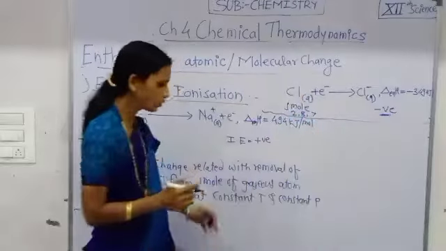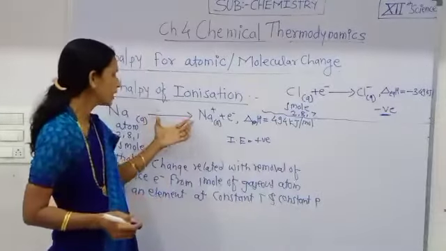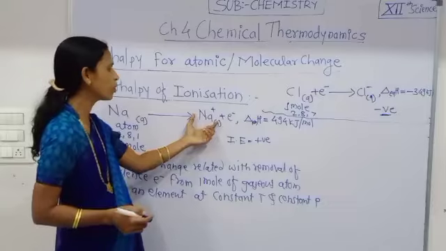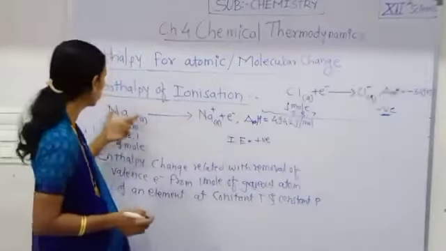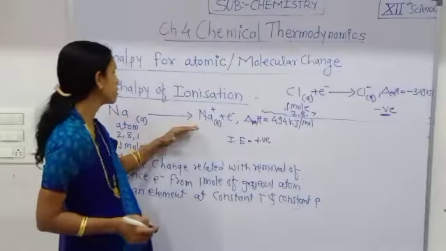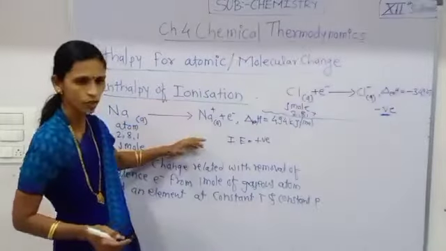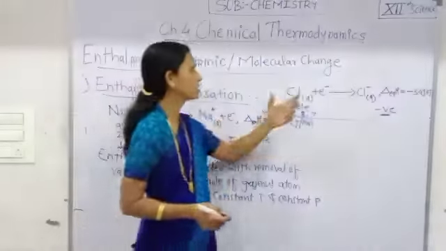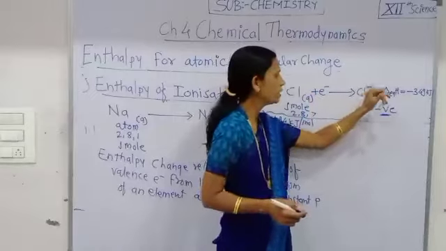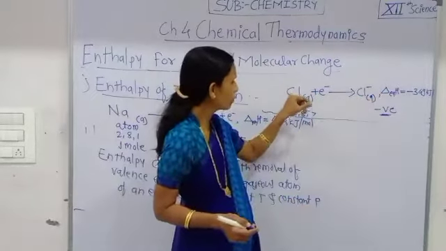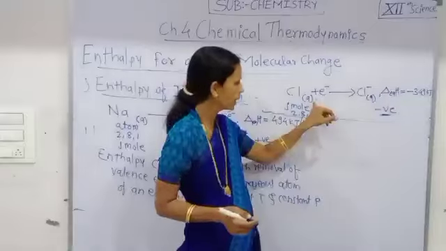Both processes involve ion formation: Na plus cation formation from a sodium atom, and Cl minus ion formation from a chlorine atom in gaseous state.